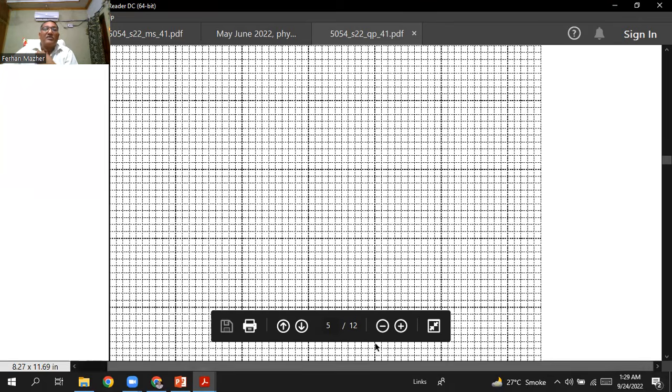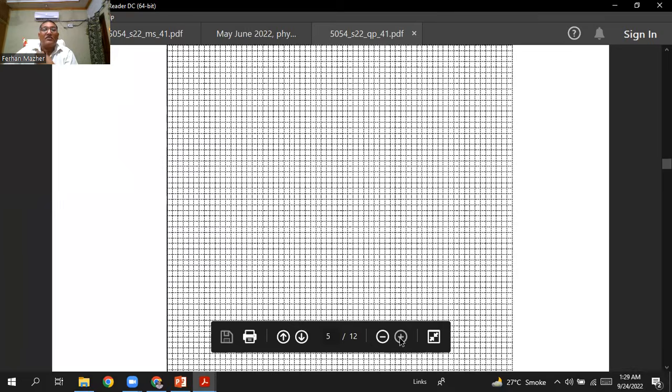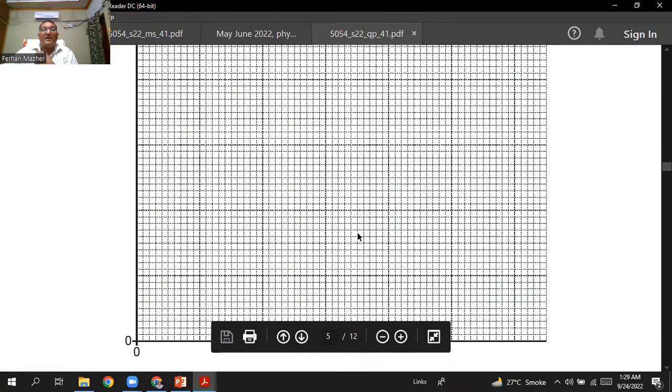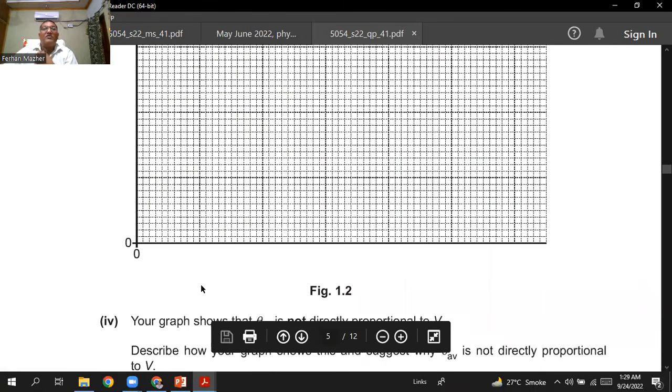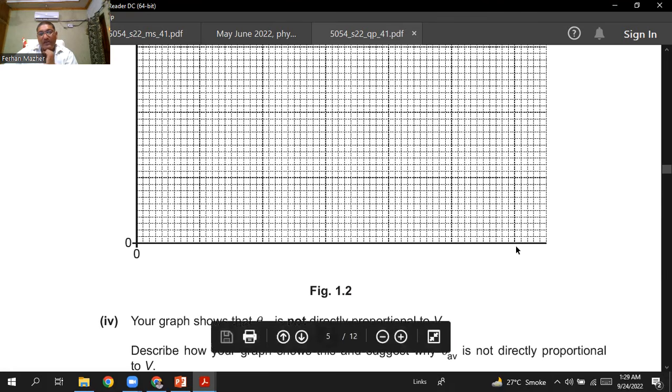So let me show you that graph paper. So, okay, because the volume goes up to 300, I will write here 50, 100, 150, 200, 250, 300. So this will be the volume. So I write volume in centimeter cubes on the x-axis.